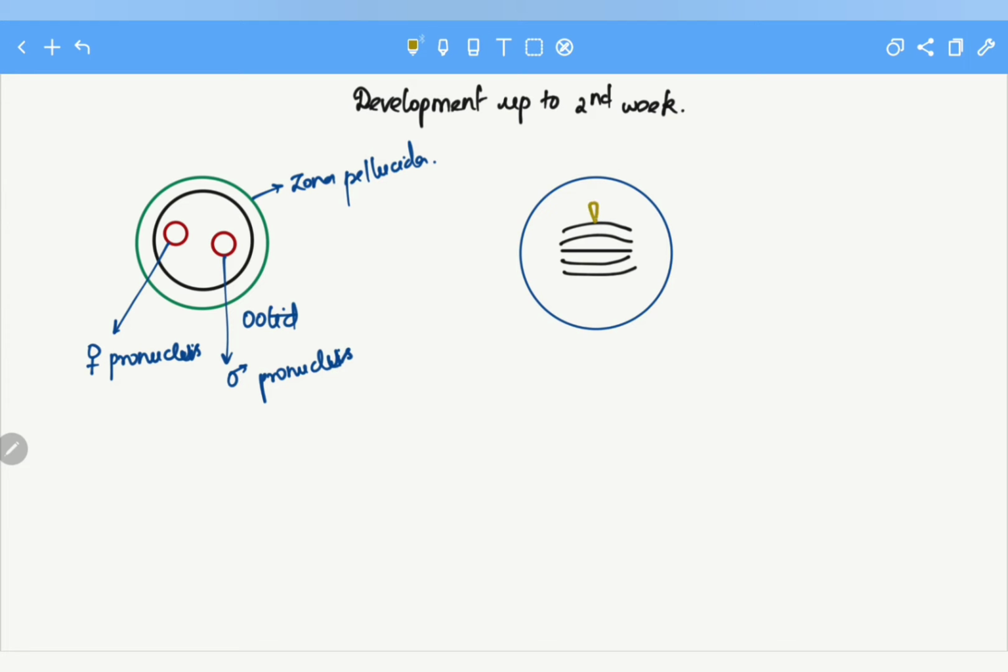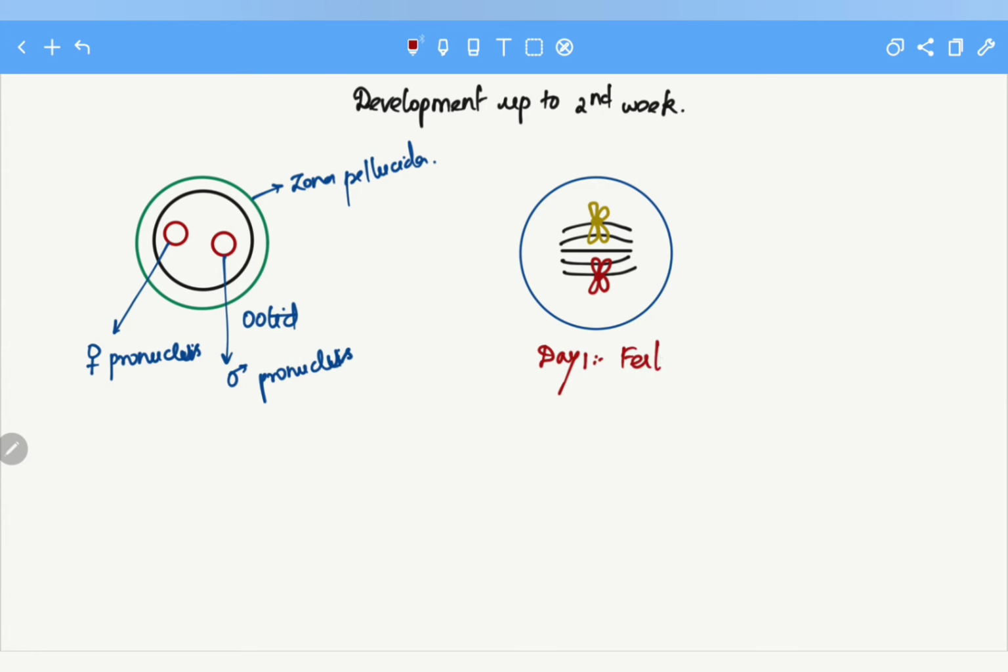Let this be the maternal chromosome and this be the paternal chromosome.